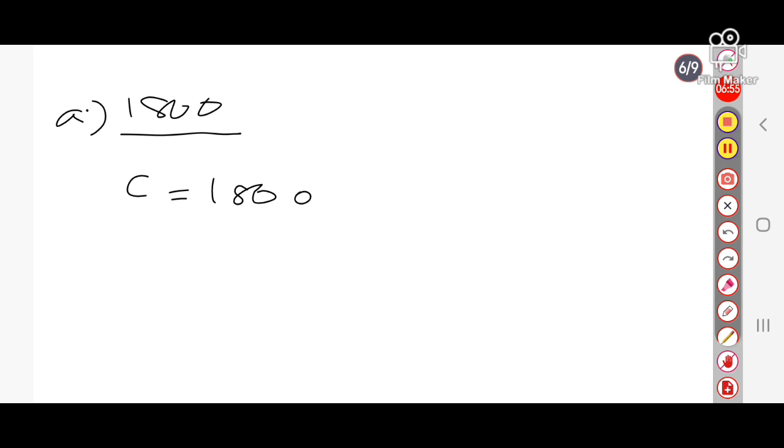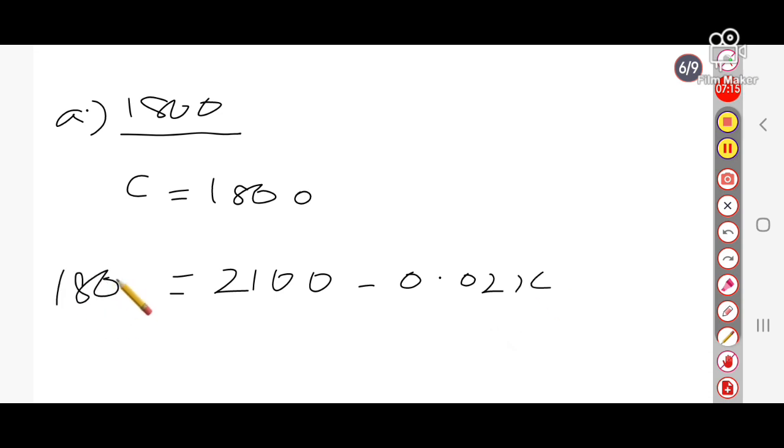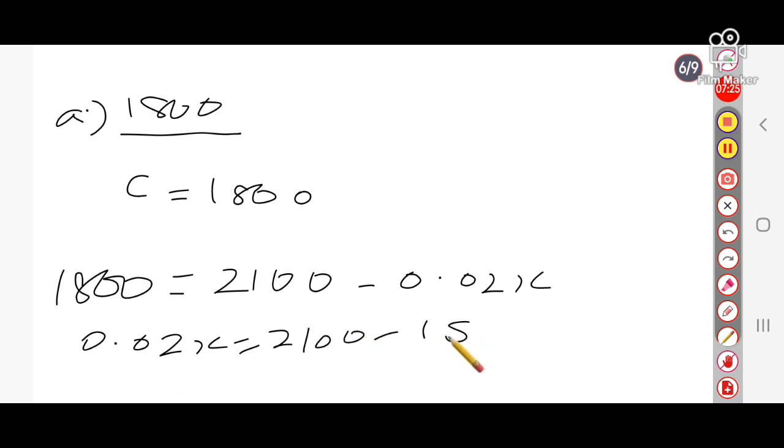So substitute the value of C in the previous equation to obtain the value of x. Therefore 1800 is equal to 2100 minus 0.02x. Again simplifying this, 0.02x will be equal to 2100 minus 1800. So x will be equal to, upon simplifying, 15,000.